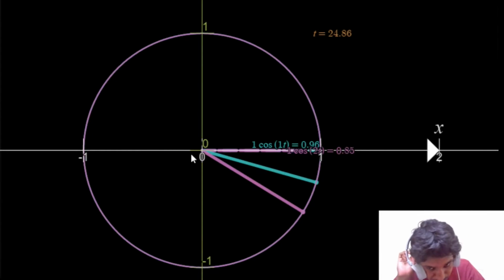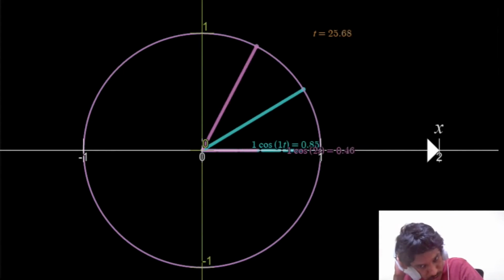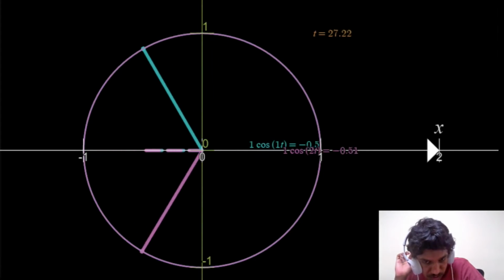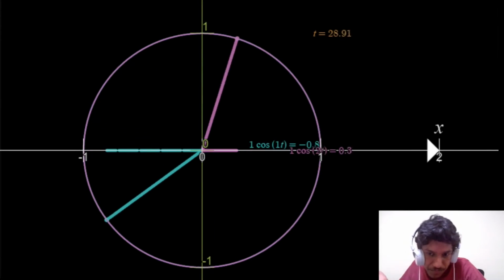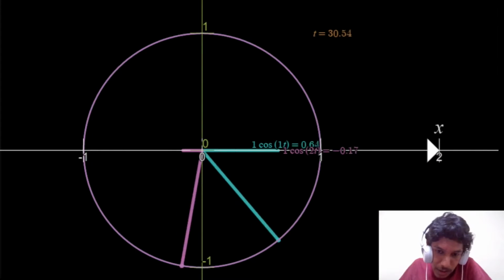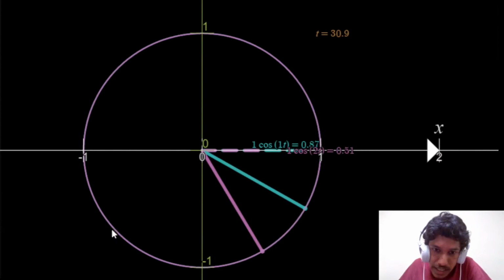So basically, the purple rotating line is twice as fast because you've got a cosine 2t instead of a cosine 1t. So what does that mean for the period? Well, whenever you spin a line around this circle fully, and you keep on spinning it at the same speed, it's just going to follow the same motion, right?